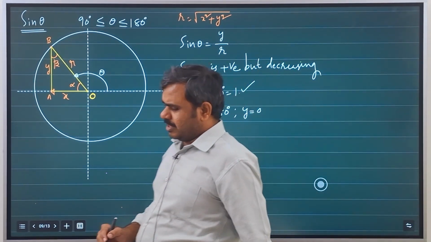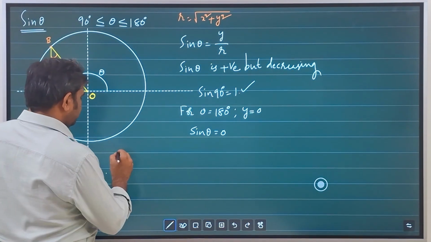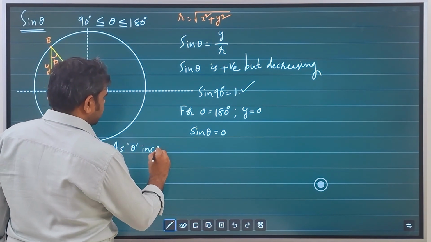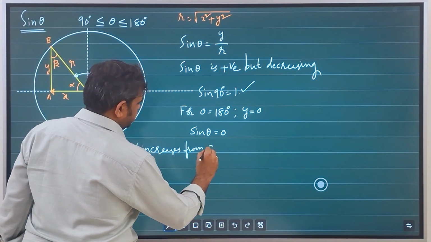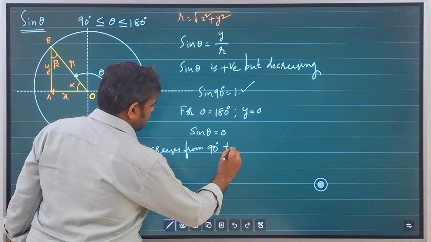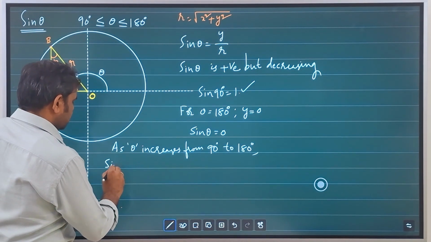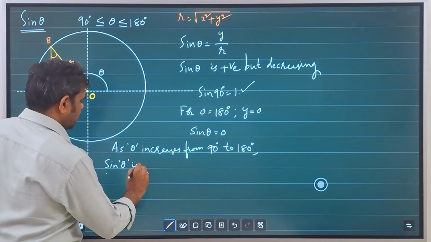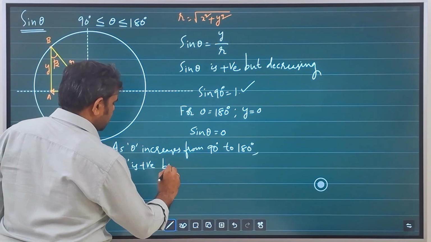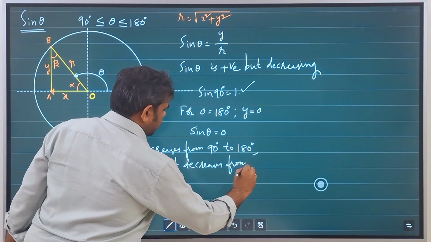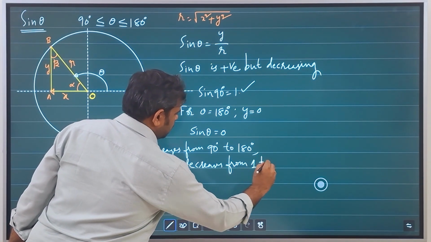So I am going to write down that conclusion here. As theta increases from 90 degrees to 180 degrees, sin theta is positive but decreases from 1 to 0.